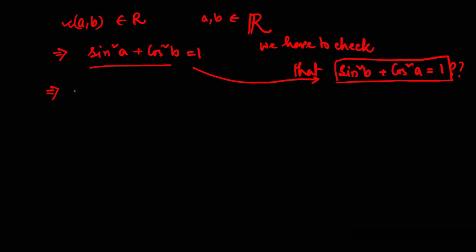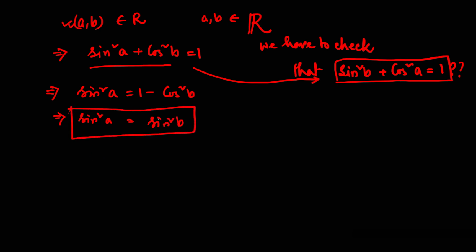Okay, so we have to manipulate this equation into this form. So sin square a equal to 1 minus cos square b, that implies sin square a equal to sin square b. So we are getting this relation sin square a equal to sin square b. Now what is the value of sin square b plus cos square a? Sin square b equals sin square a, so we can replace sin square b by sin square a.